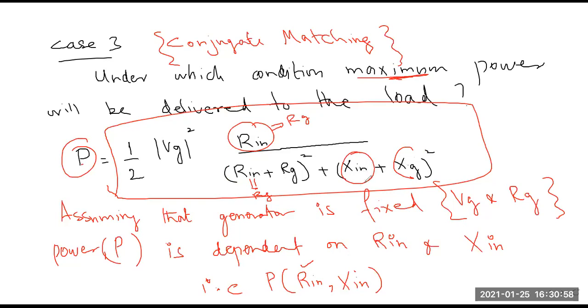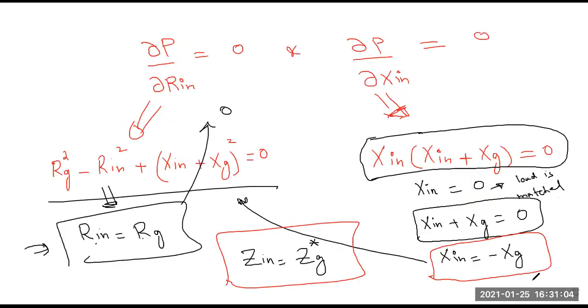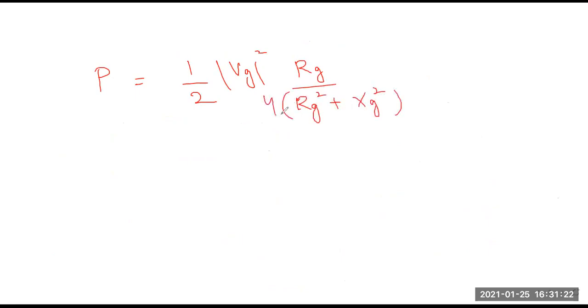So this term will cancel out. You will only end up with, so let me write it over here. How much power will be there? It will be equal to 1 by 2 Vg magnitude square Rg divided by Rg square plus Xg square into 4.